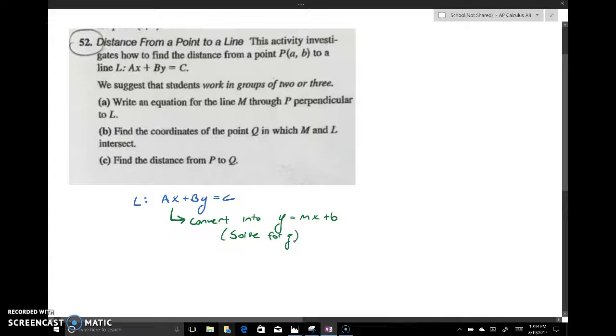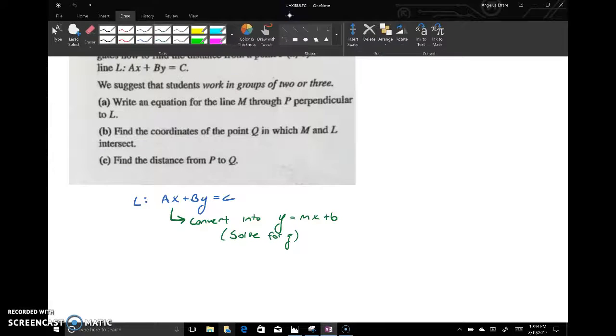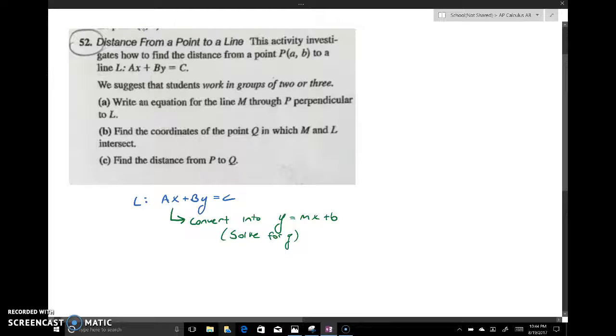Okay, so that's going to help you get started there. And then for part A, it says write the equation of the line M through a point P that's perpendicular to L.